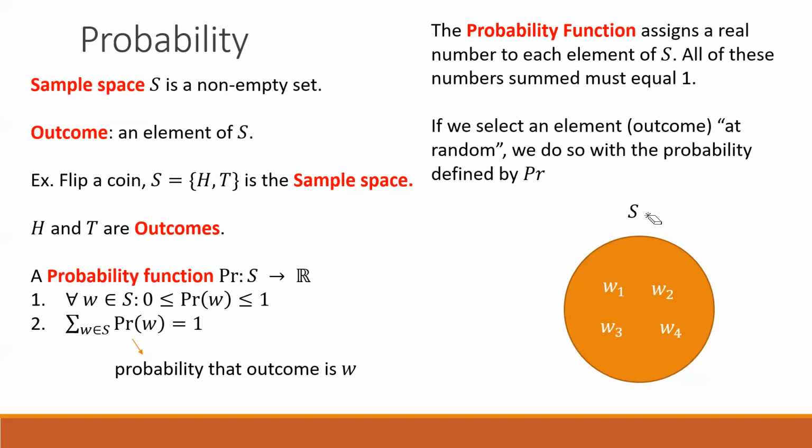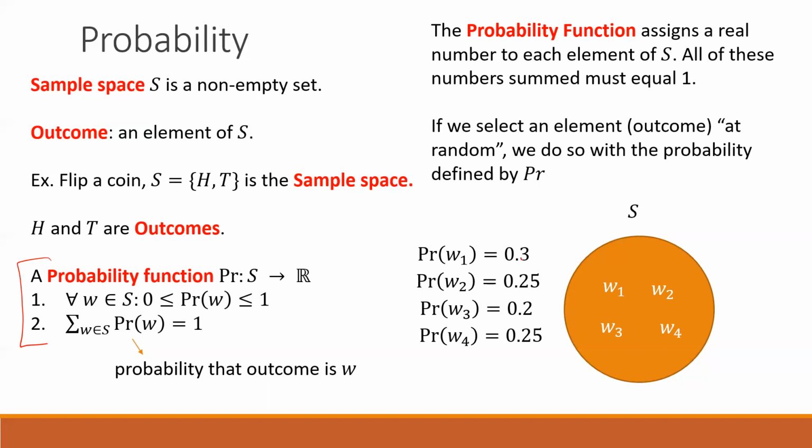However, maybe we have a different, arbitrary sample space where we have elements W1, W2, W3, W4, and we can assign probabilities to them according to our rules of the probability function. That is, each must be a number between 0 and 1, which those are all fine.